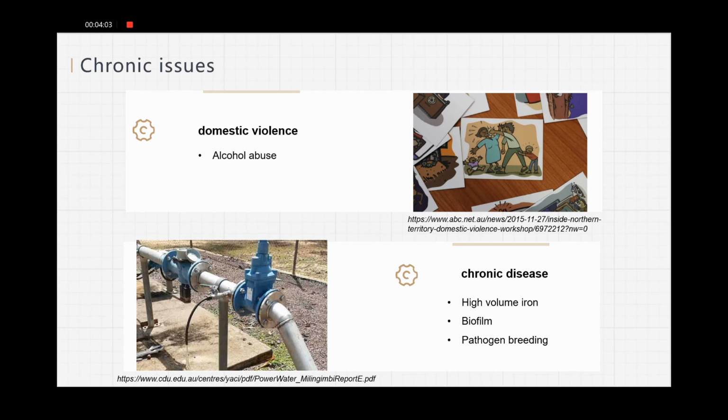High levels of iron are found in the water of the Milingimbi community, which encourages iron bacteria in the environment to form biofilms in the pipes and increases the chance of pathogens. They are the causes of chronic disease in the Milingimbi community for a long time.